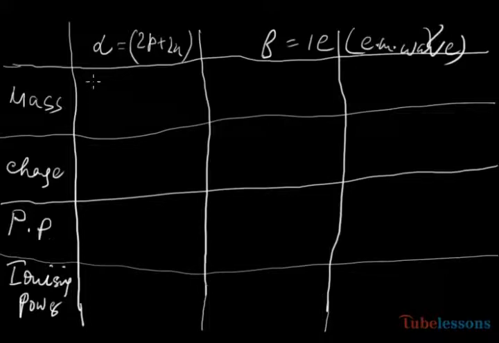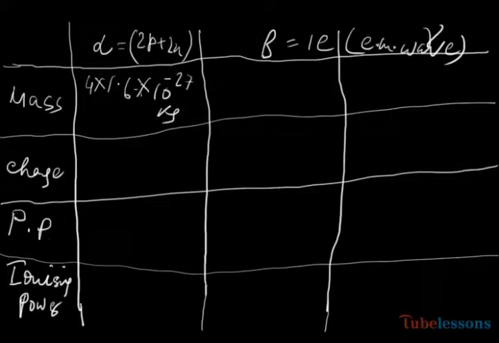Now the mass of one alpha particle is the mass of 4 protons and neutrons. Protons and neutrons are considered the same with regard to mass. The mass of 1 proton or neutron is 1.6 into 10 to the power minus 27 kg. So 4 protons or neutrons have the mass 4 into 1.6 into 10 to the power minus 27 kg.